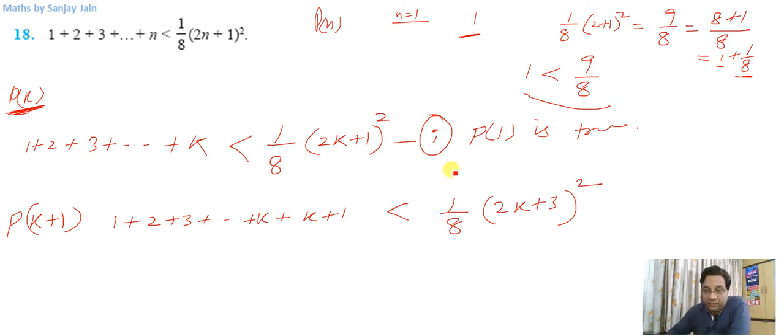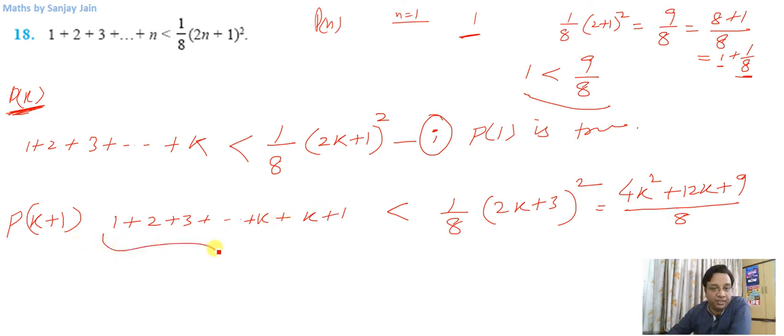Or this right hand side can also be in this form, (4k squared plus 12k plus 9) divided by 8. So if I can achieve that this expression here is lesser than this, then I'll say P of k plus 1 is true. So how do I do that?